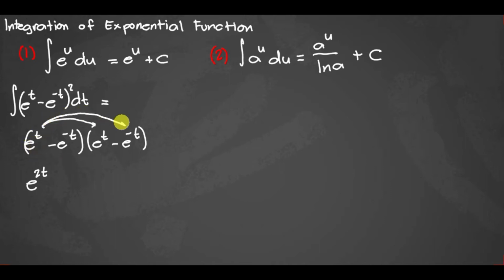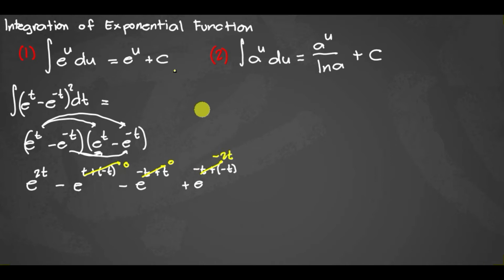Our outer term will be negative e raised to t plus negative t, and our inner term is negative e raised to negative t plus t, and our last term will become positive e raised to negative t plus negative t. Now simplifying our function, this will become e raised to 0, e raised to 0, and e raised to negative 2t.